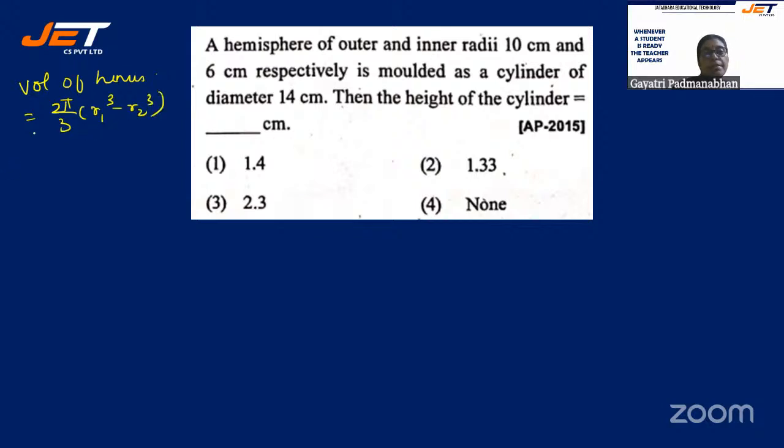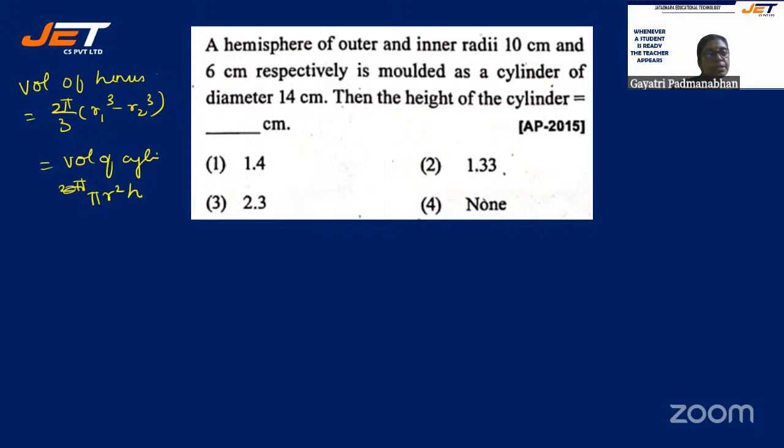So they say hemisphere of outer inner radii is molded as a cylinder of diameter, okay? So volume of cylinder. So volume of cylinder is 2 pi, no, sorry, pi r square h, pi r square h, okay?